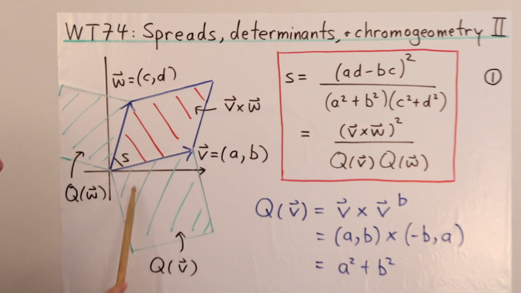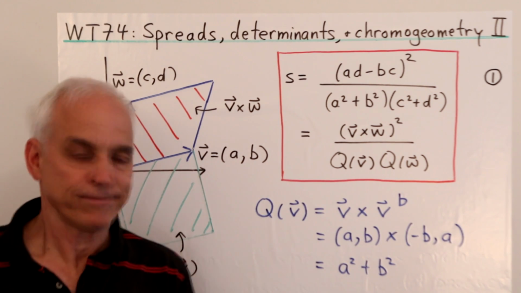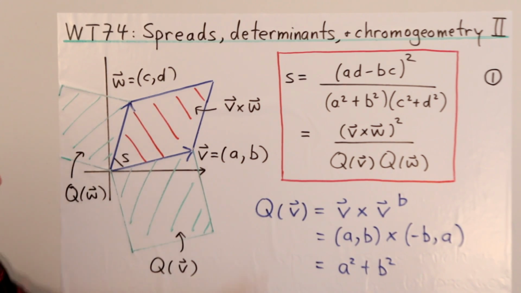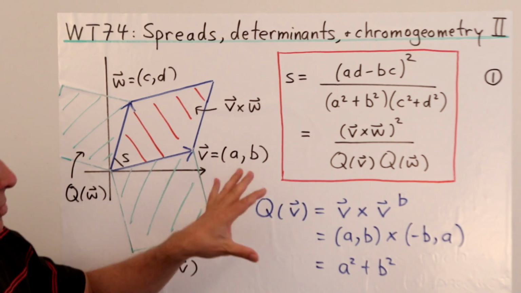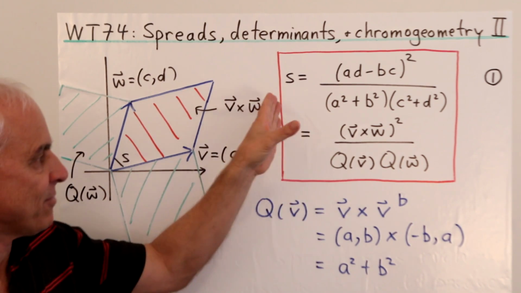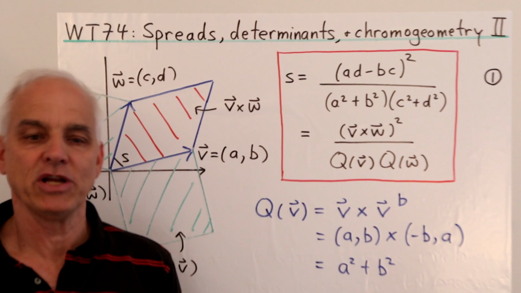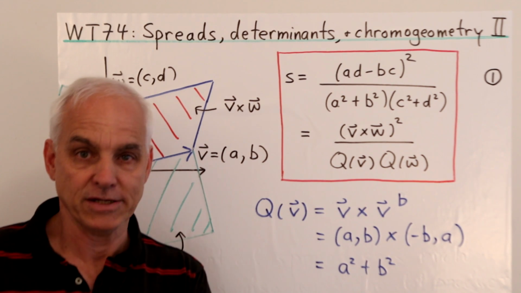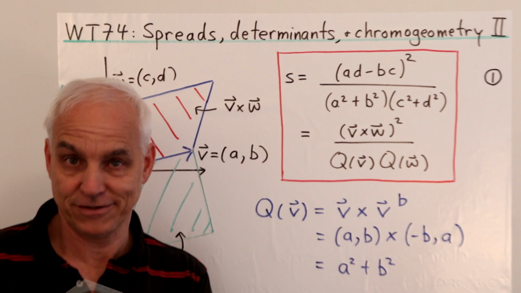For the w, same story. The w is there. The w blue would be this vector here. So we'd be talking about the area spanned by this w and its blue rotation. So very nice formulas, and we want to look more carefully now at the nature of this expression and then ultimately move to the red and green versions of it.